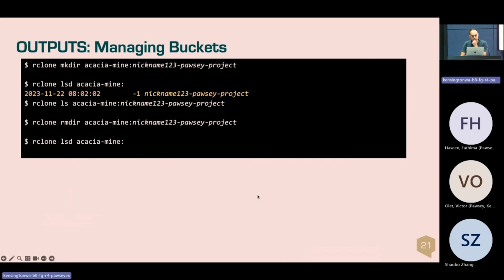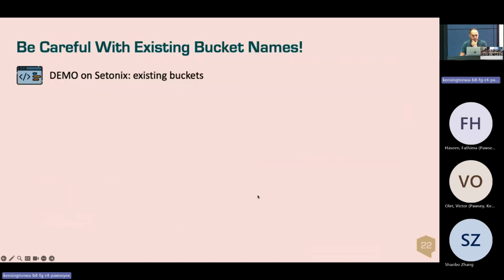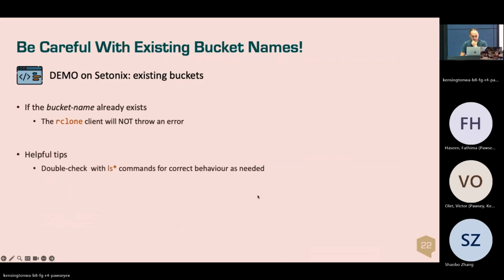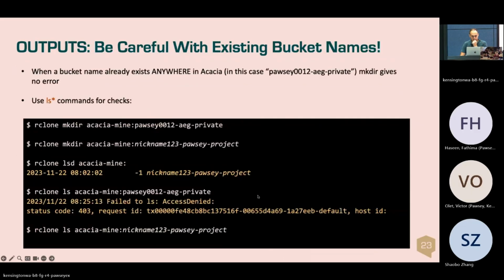This is basically the example that I just ran from my command line. If you try to create a bucket that already exists, it fails silently. If you try to access a bucket that you don't have access to, it says access denied.